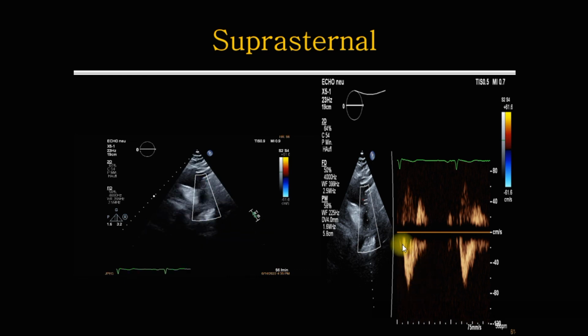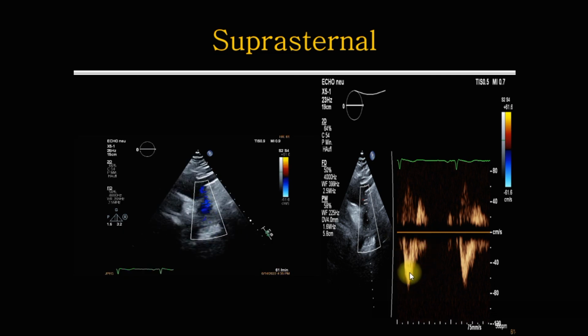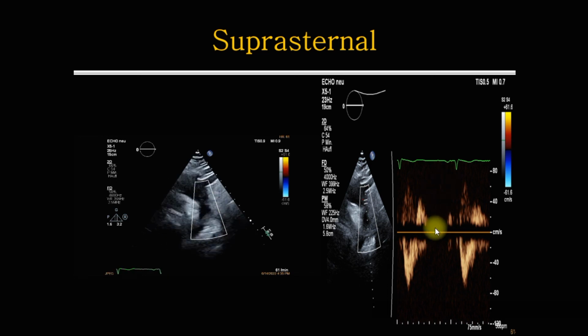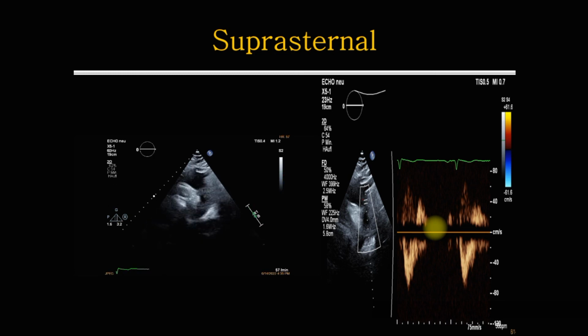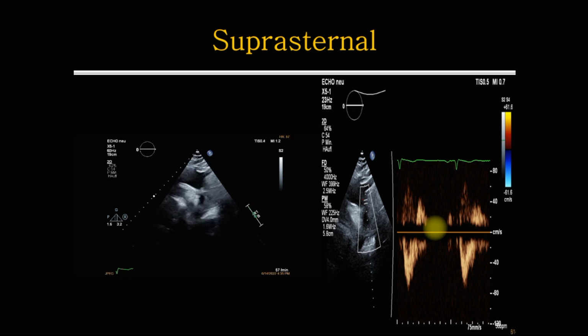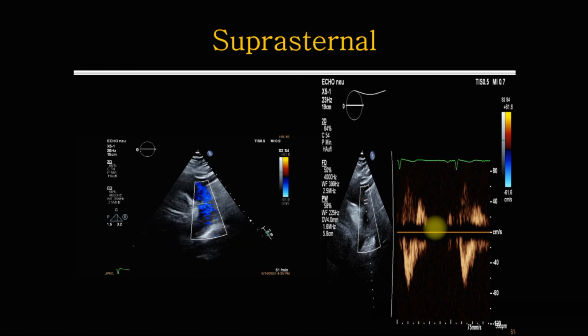Normally we will see that wave. If we see a second wave here, this means that the patient has a retrograde flow. Retrograde flow in the descending aorta is an important sign of significant aortic regurgitation.